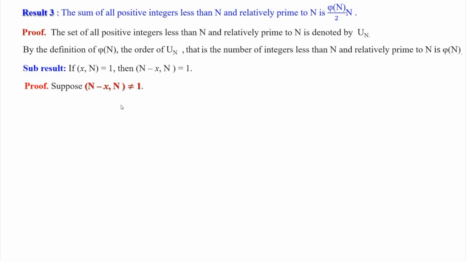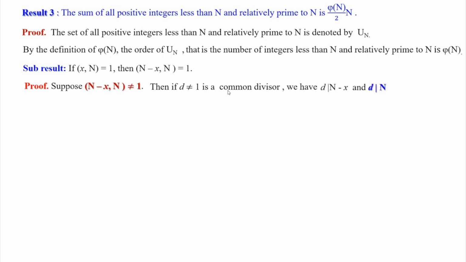Suppose n minus x and n are not relatively prime, and suppose they have a common divisor, say d, which is different from 1. If 1 is the only common divisor, then we are finished, we have the result. So we consider some d which is different from 1 to be a common divisor.